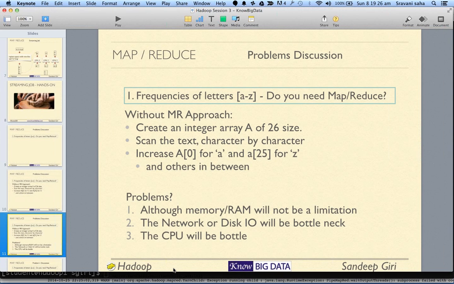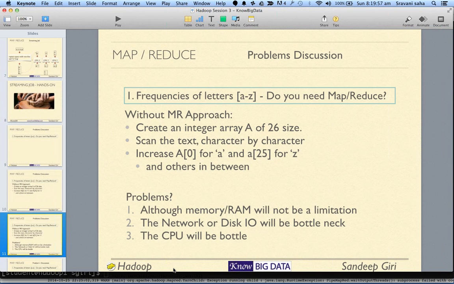In this case, CPU will be the bottleneck when you are reading the file, and if this file is spread across the network, reading from the network might take more time. Instead of transferring these 26 numbers from one machine to another, if you transfer the file, that will take more time. Therefore, spreading out the computation to the whole cluster is very important.